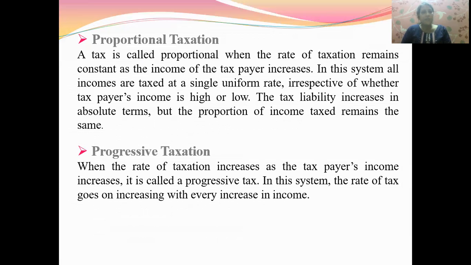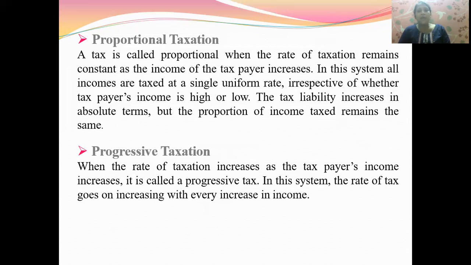A tax is called proportional when the rate of taxation remains constant as the income of the taxpayer increases. In this system, all incomes are taxed at a single uniform rate, irrespective of whether the taxpayer's income is high or low. So that is the proportional taxation. A fixed rate is followed in the case of proportional taxation.